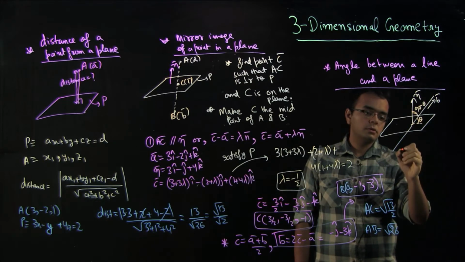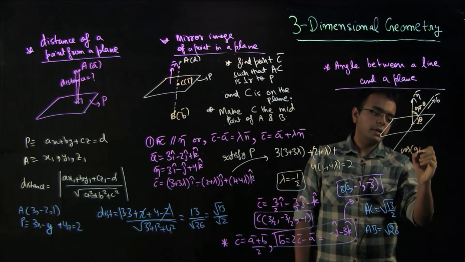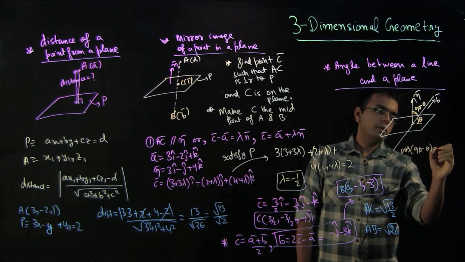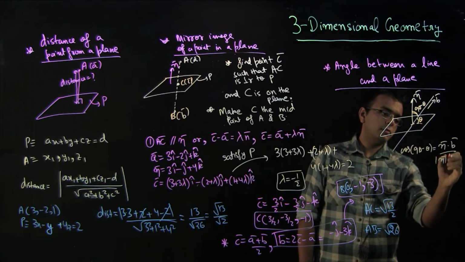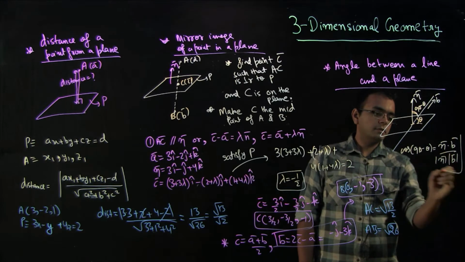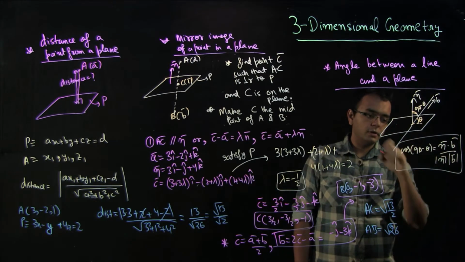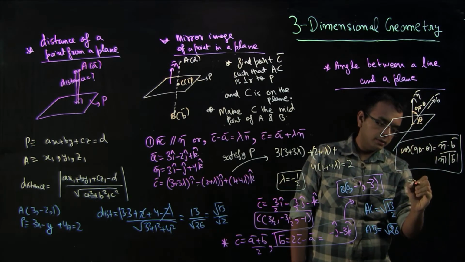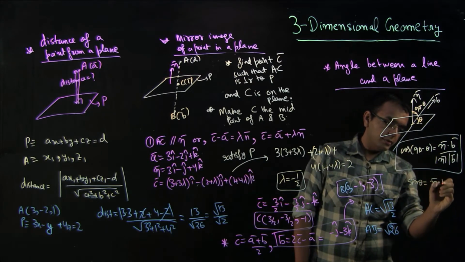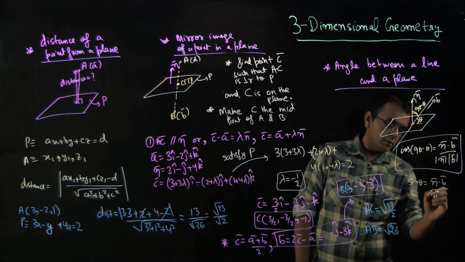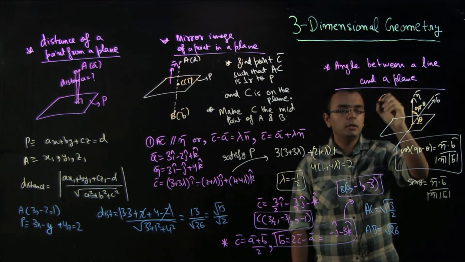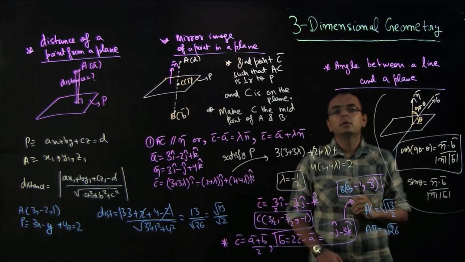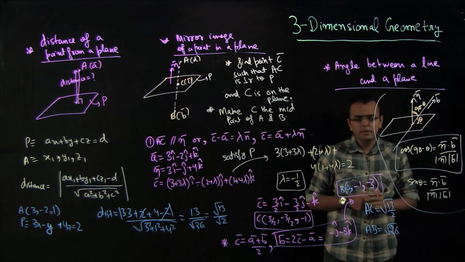So cos of 90 minus theta would be n dot b over mod n mod b. Angle always means dot product. We have discussed this in a lot of detail. Or sin theta is n dot b over mod n mod b. This is just a quick concept, so that you don't forget how to find the angle between a line and a plane. It's very easy.